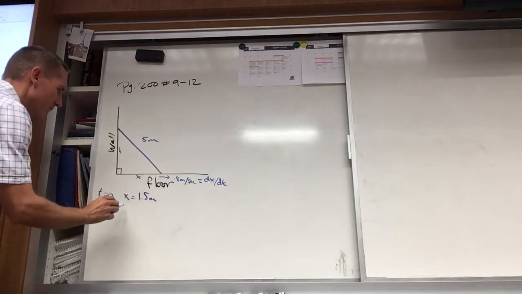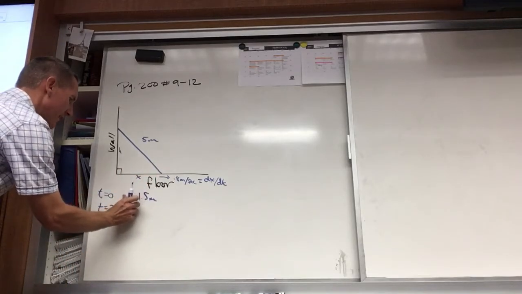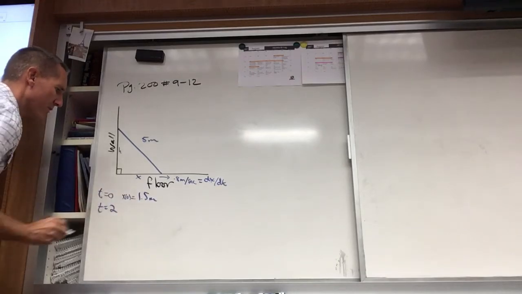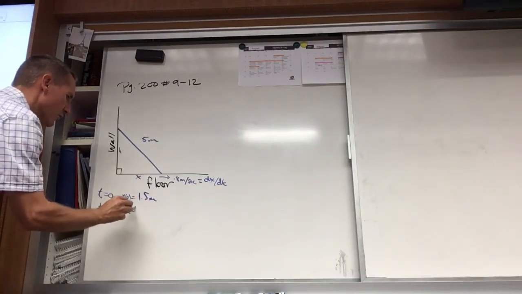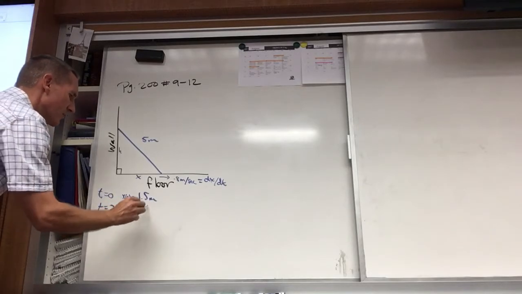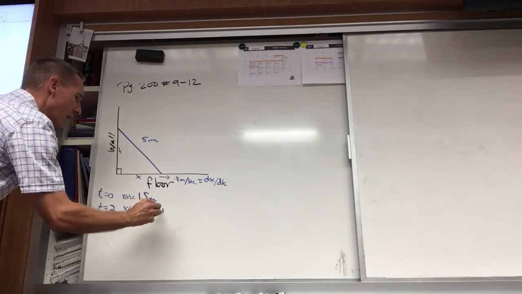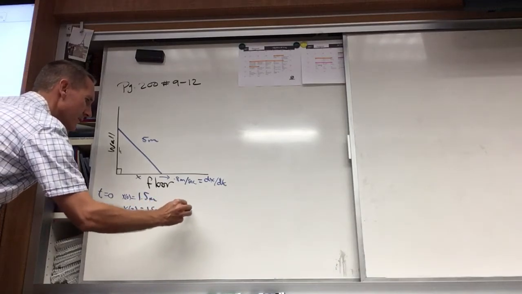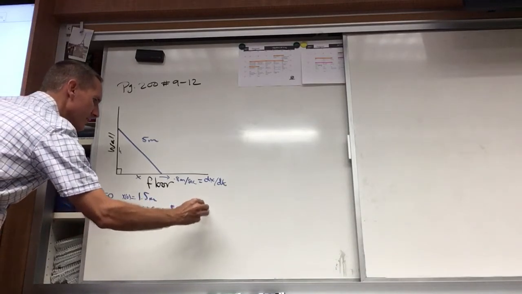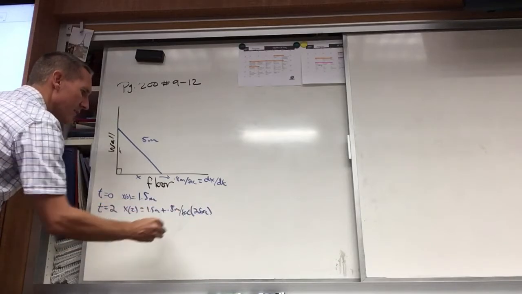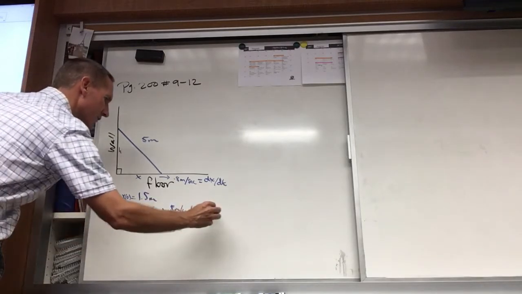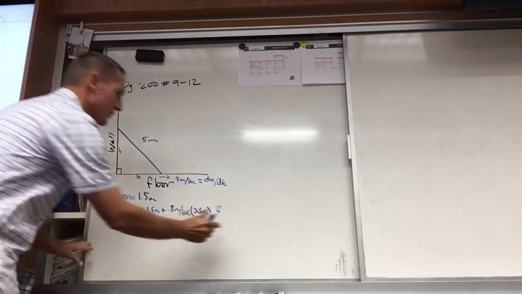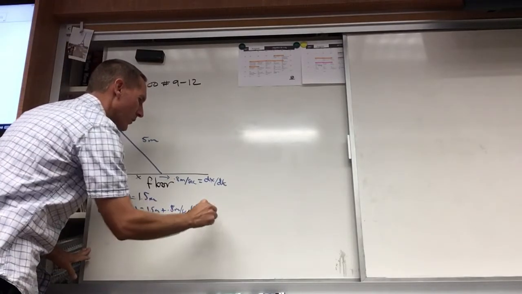So I guess here I should say x of 0 equals 1.5 meters, but x of 2, so when the time is 2, is going to be 1.5 meters plus the 0.8 meters per second times the 2 seconds, right? And so the seconds cancel out, and then that just gives us 1.6 plus 1.5, which is 3.1.